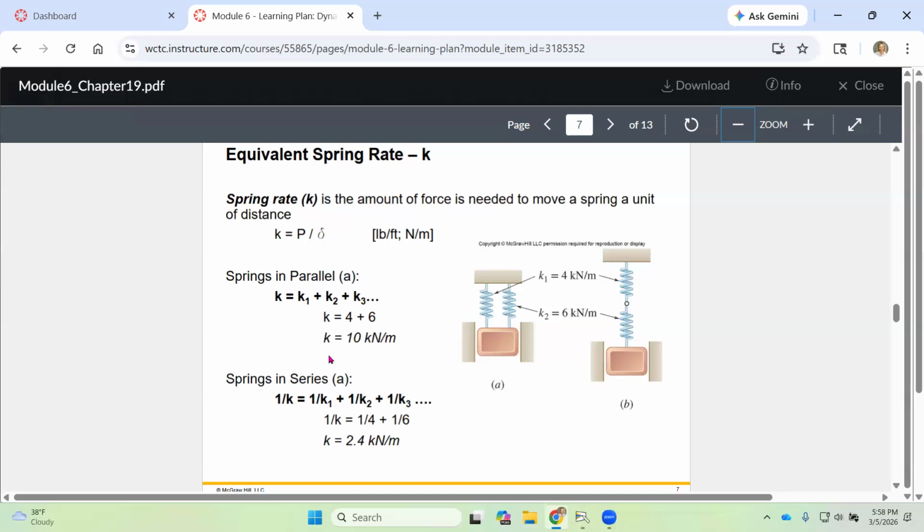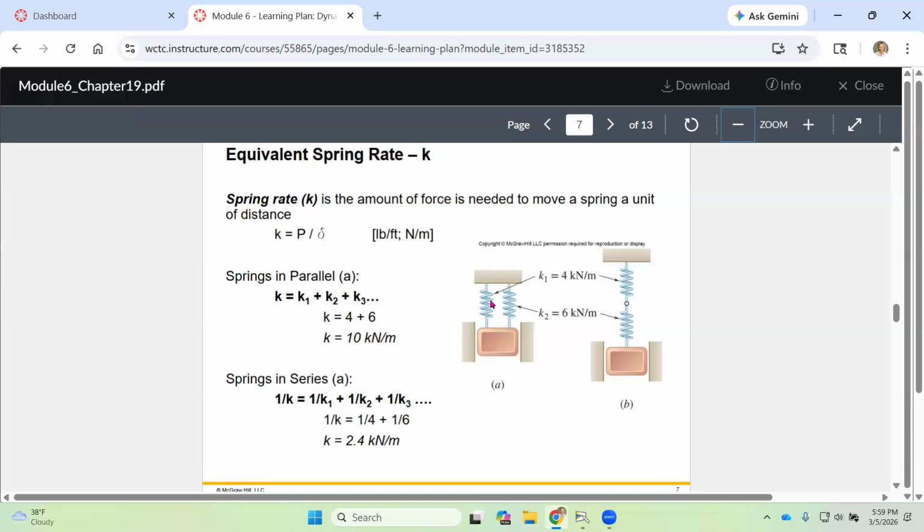So if our springs are in parallel, that means we're simply going to add however many springs we have in parallel on the object that we're interested in. In this case, we've got K1 plus K2 plus K3, or however many there would be. On the left-hand side here, we have two springs in parallel.